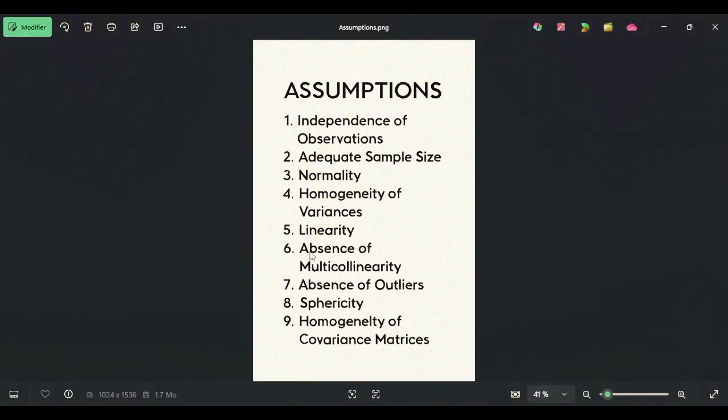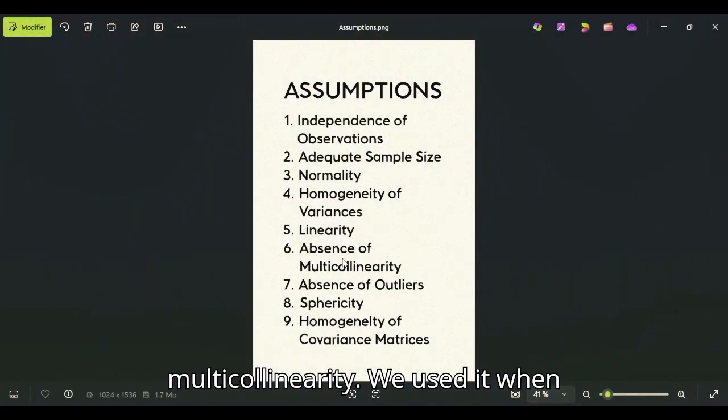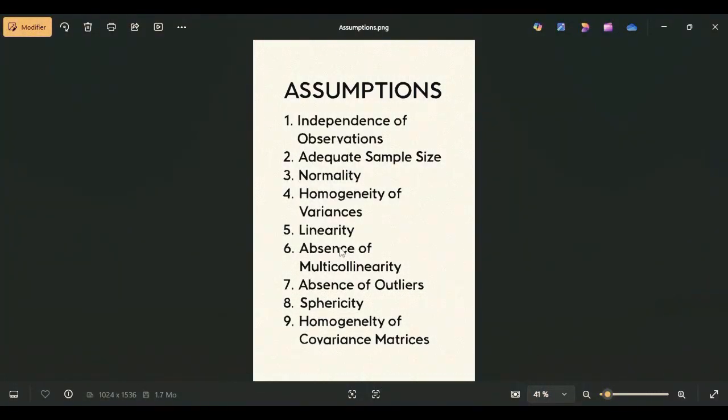The sixth one refers to the absence of multicollinearity. We use it when we need to compute a MANOVA, for example.